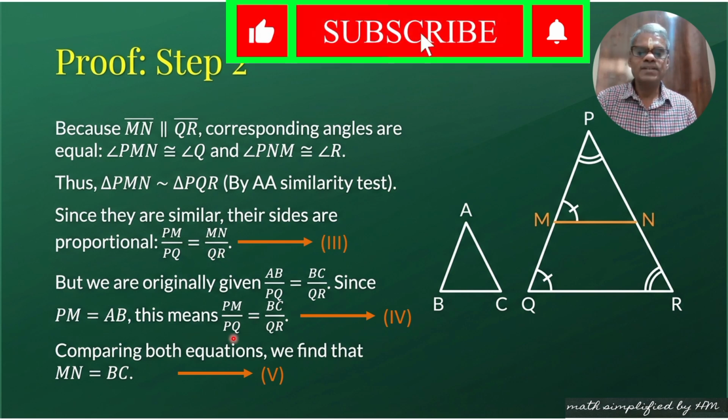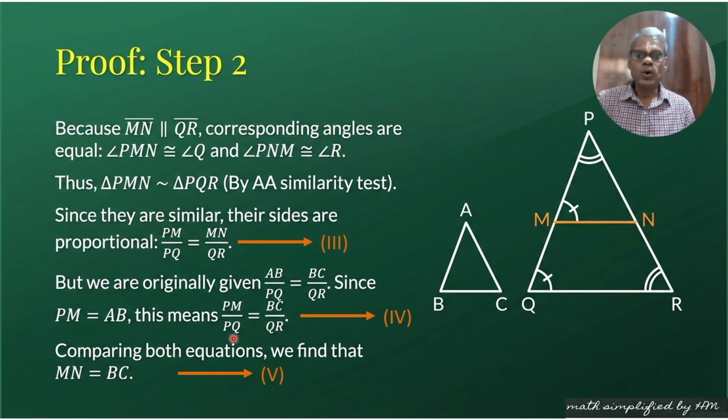Their left hand sides are equal. So their right hand sides MN upon QR is equal to BC upon QR. Again here denominator is same. Therefore their numerators must be same. We get MN is equal to BC. Name it as equation 5.